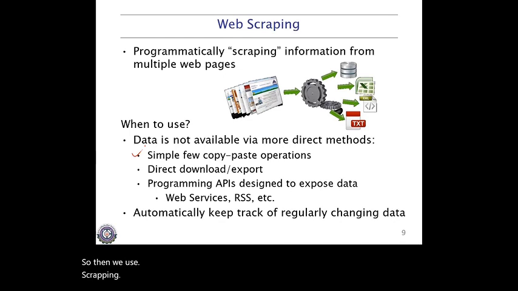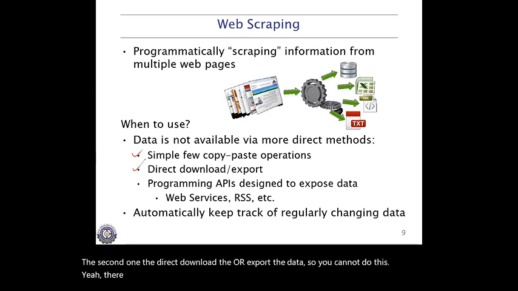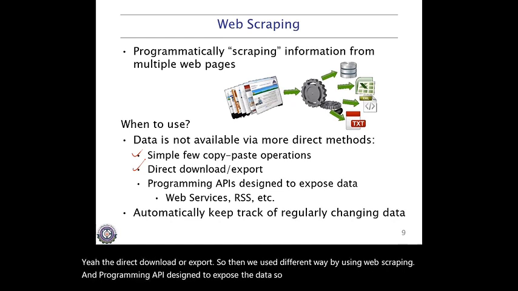If we cannot do the copy paste operation, then we use a different way. The second one is direct download or export of the data. If you cannot do this, then we use a different way, by using web scraping. And programming APIs designed to expose the data, like web services, RSS, and so on.